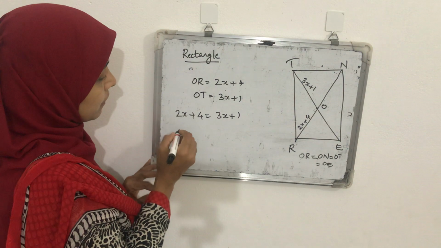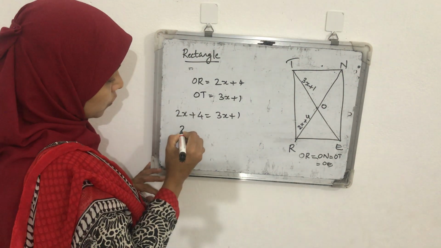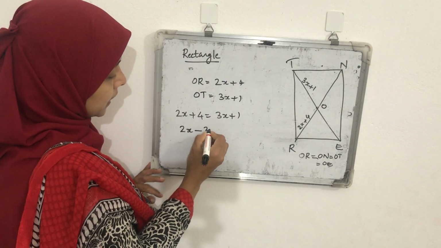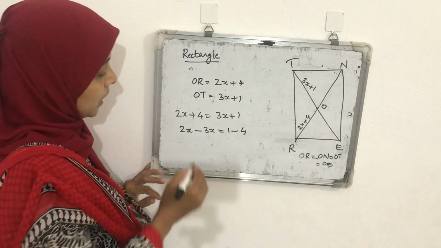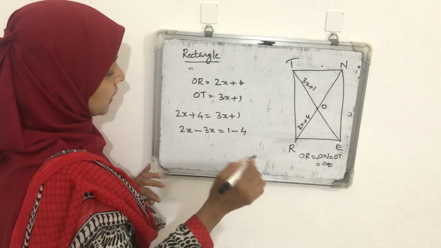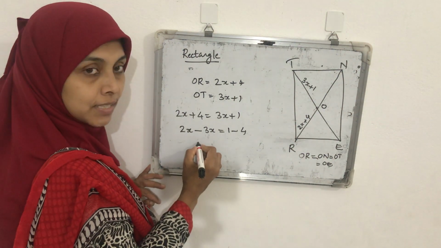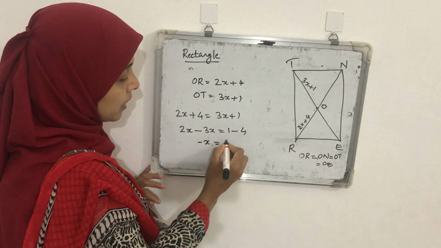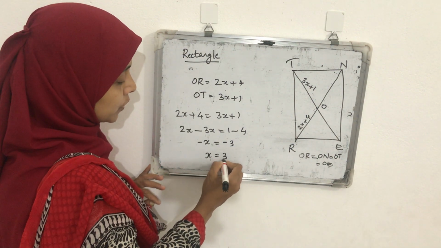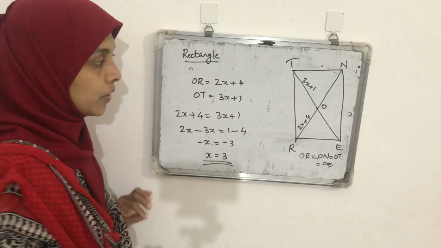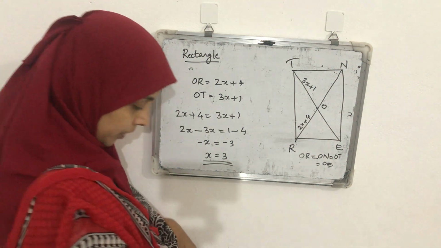From this we can find 2x minus 3x will be equal to 1 minus 4. We already learned algebraic expressions. 2x minus 3x is minus x, equal to 1 minus 4, which is minus 3. Therefore, x equals 3. So the value of x will be 3.